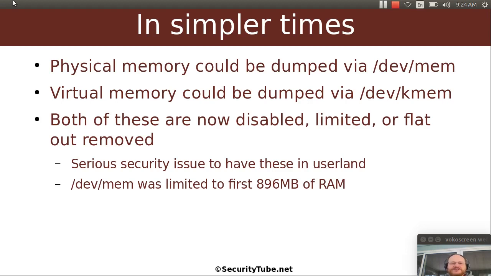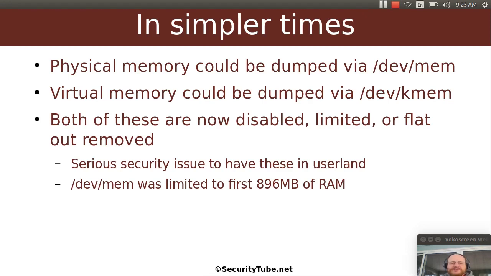So you had this userland device that pretty much anyone could access, and you could access all of the memory on the machine. So this was a bad thing from a security perspective. So now these have been disabled or limited or just pretty much removed from any Linux that you're likely to encounter.